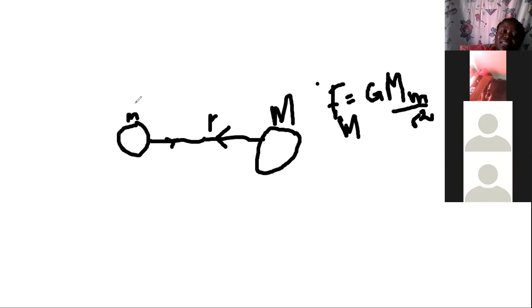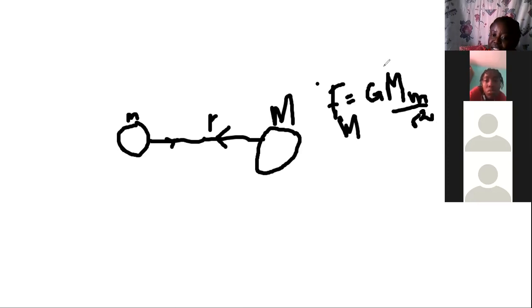So we see that as this object tries to move closer, or even just standing there, it attracts another object of mass M sitting at a certain distance. Every object pulls another object, and that pulling force is proportional to 1 over the radius squared.